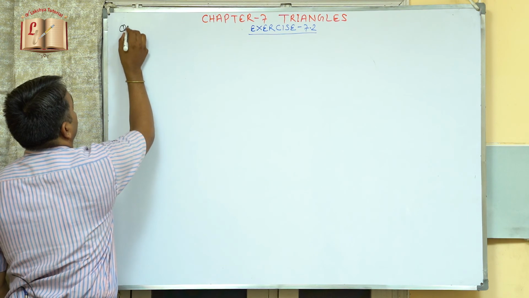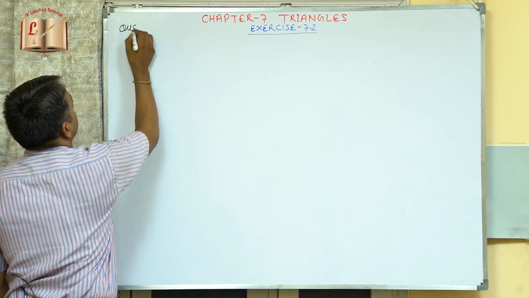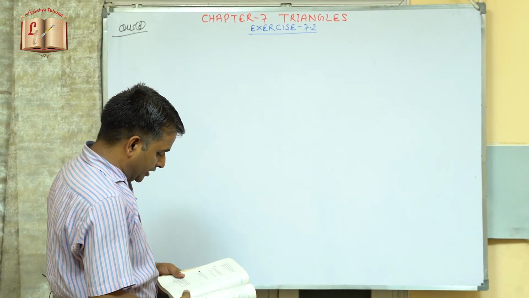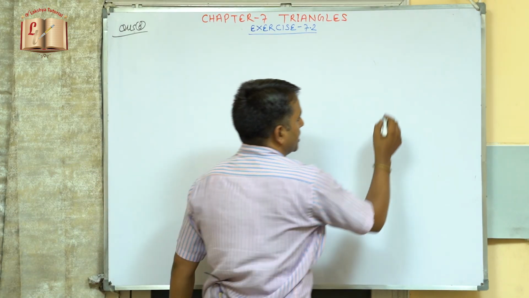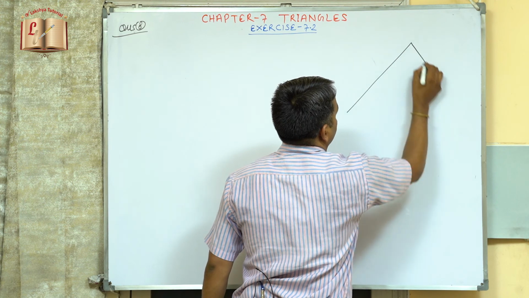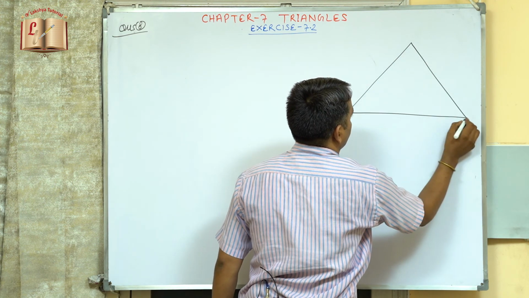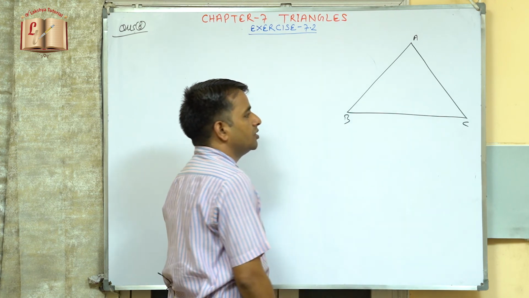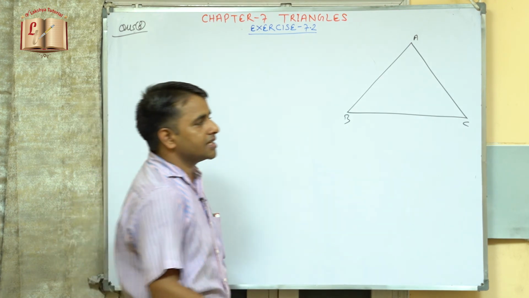Now coming to question number 8. Prove that the angles of an equilateral triangle are 60 degrees. First of all, I have drawn an equilateral triangle. This is A, B and C. We know that in an equilateral triangle all sides are equal.